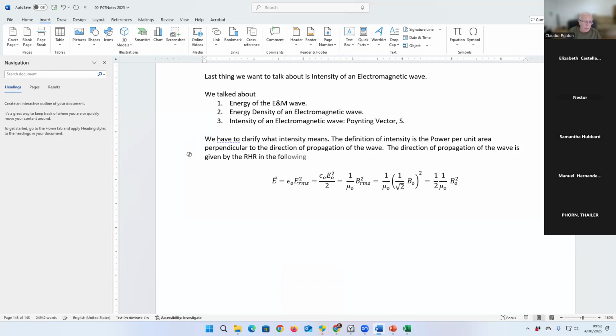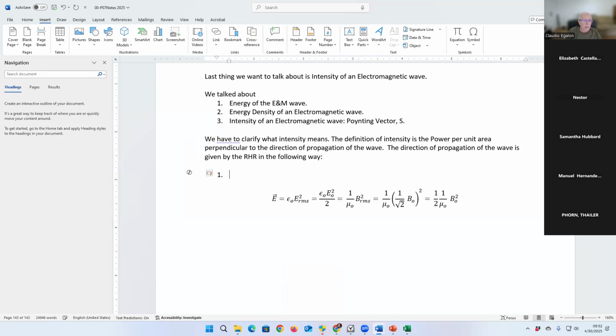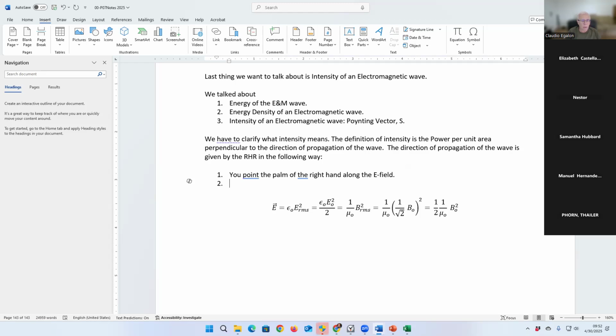In the following way. One, you point the palm of the right hand along the electric field. Two, curl the palm of the right hand towards the B field.